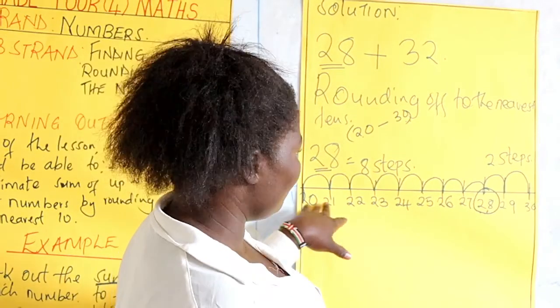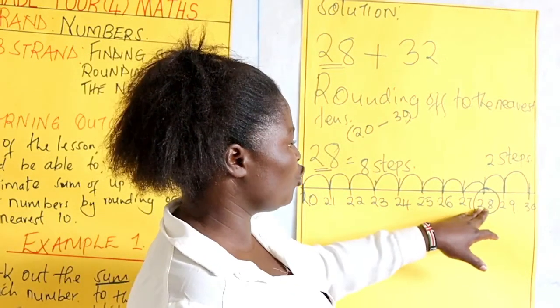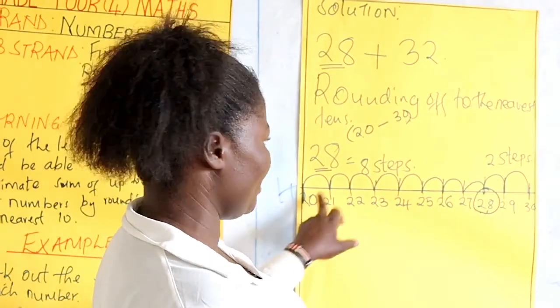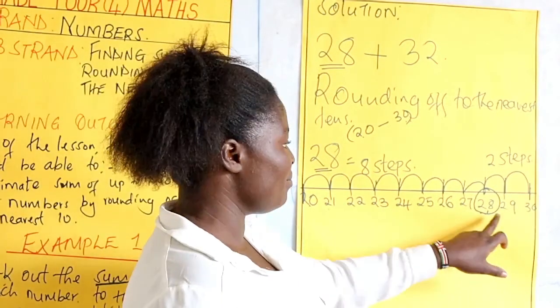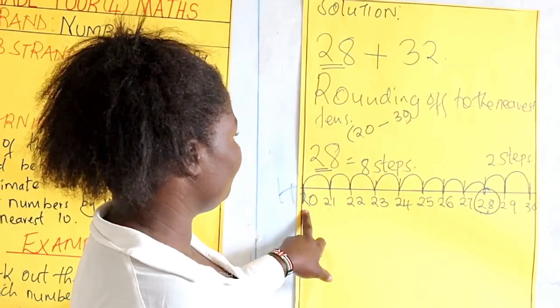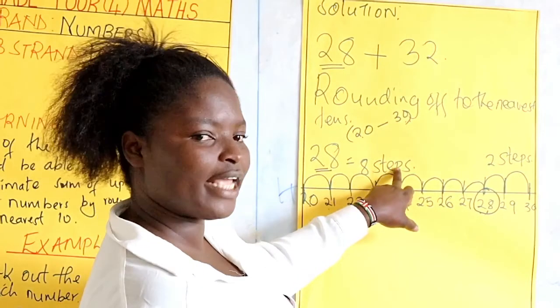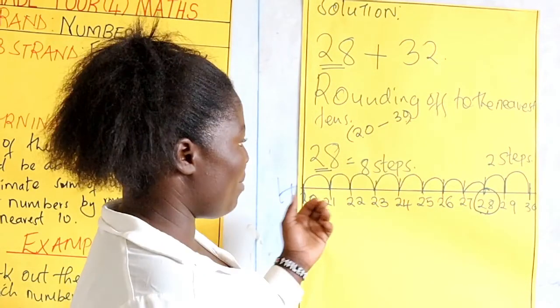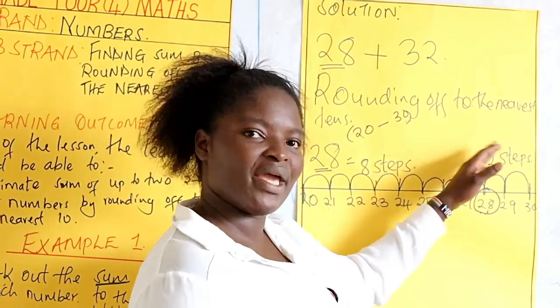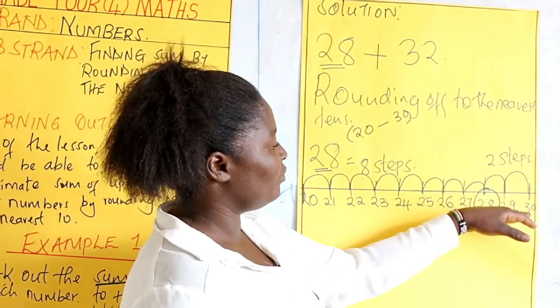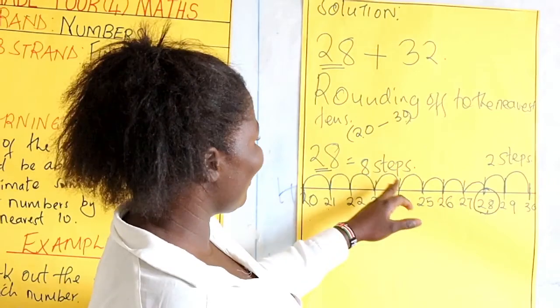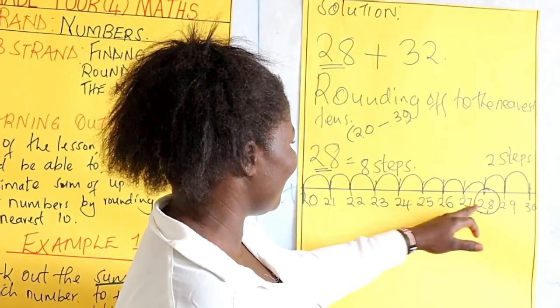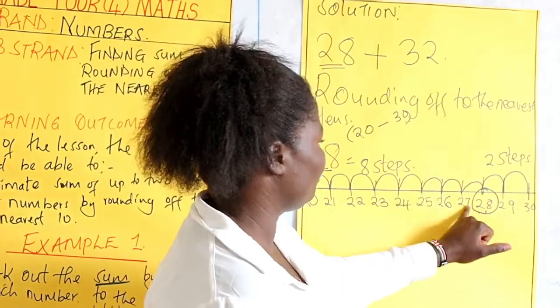Now, learners, which number is nearer to 28? Is it 20 or 30? Remember, from 28 to 20, we went 8 steps backwards. But from 28 to 30, we went 2 steps forwards. So, which one is nearer to 28? Is it 20 or 30?